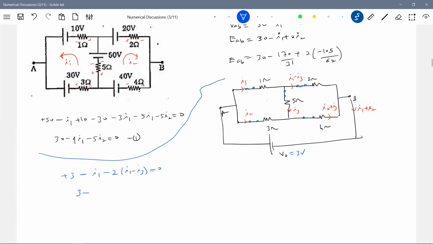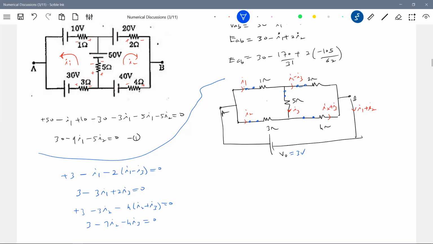So this will become 3 minus 3 I1 plus 2 I3 equals 0. Then one more: plus 3 minus 3 I2 minus 4 I2 plus I3 equal to 0. So 3 minus 7 I2 minus 4 I3.